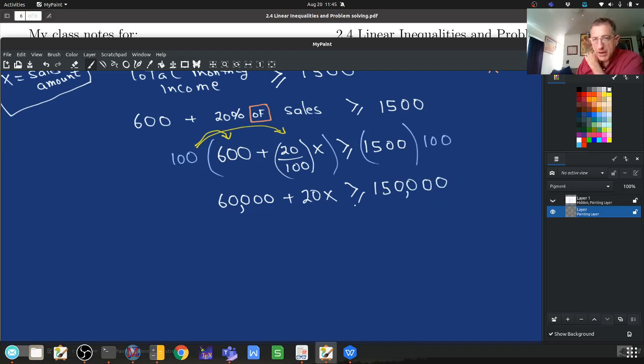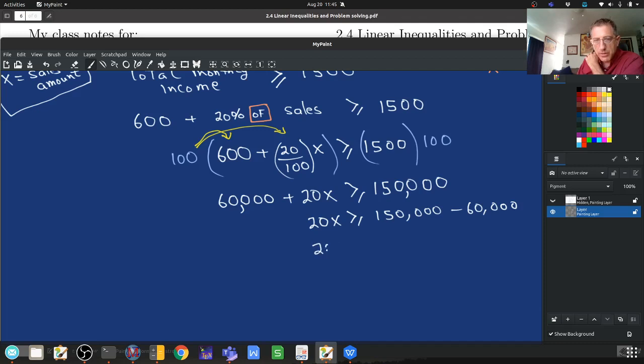So again, I don't have any choice. I want my coefficient term on the x to be positive. So it stays on the left-hand side. And my 60,000 moves over to the other side and becomes negative.